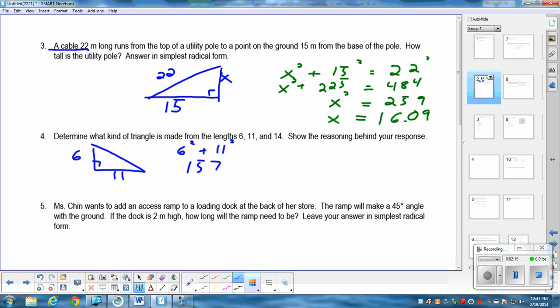We would like to compare this to the 14 that would be there if this is a right angle. So the 14 squared is 196. So the question is, is this side of 14 longer, shorter, or exactly the same as it would have to be for a right triangle? And it is longer than it would have to be for a right triangle. So this is an obtuse triangle.